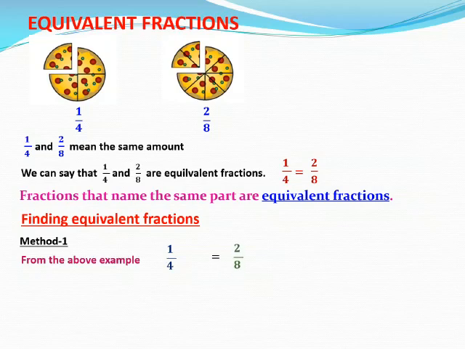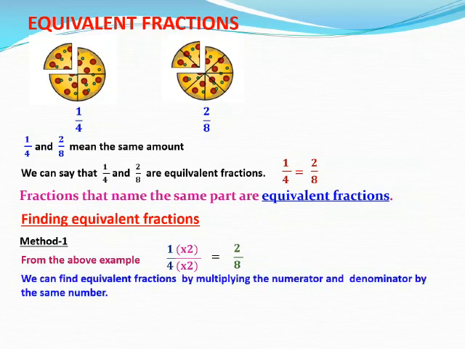Here, 1 became 2, 4 became 8. How? We multiply 1 into 2. 1 and 2, we get 2. And 4 times 2 is 8. Now, we can find equivalent fractions by multiplying the numerator and denominator by the same number. This is the first method.